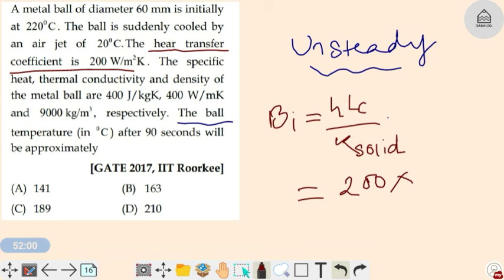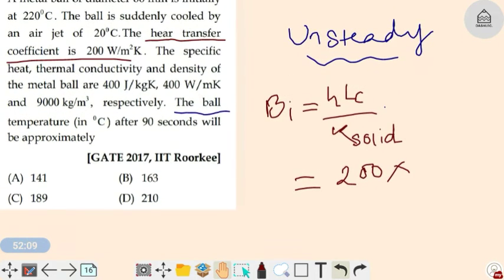So it is not the diameter. See, the characteristic length, I am showing it in the next page. The characteristic length for Biot number is volume divided by surface area.